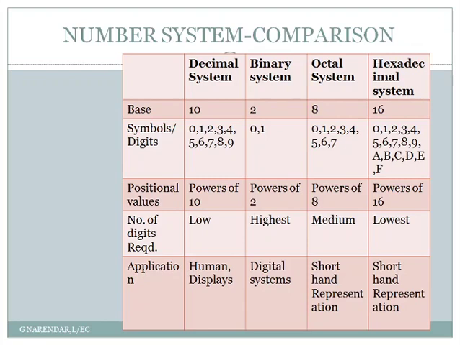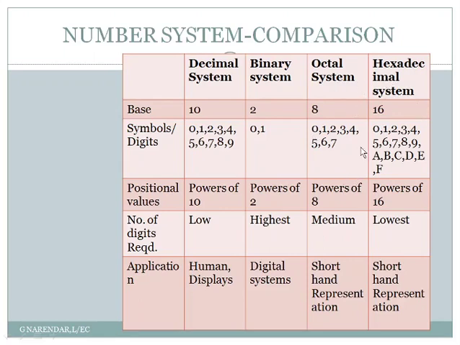But the binary system is easy for the machine and for making up the circuits, but it is very hard for humans to interpret and use. So to interpret the binary system in a compact way, we use the octal system and the hexadecimal system.